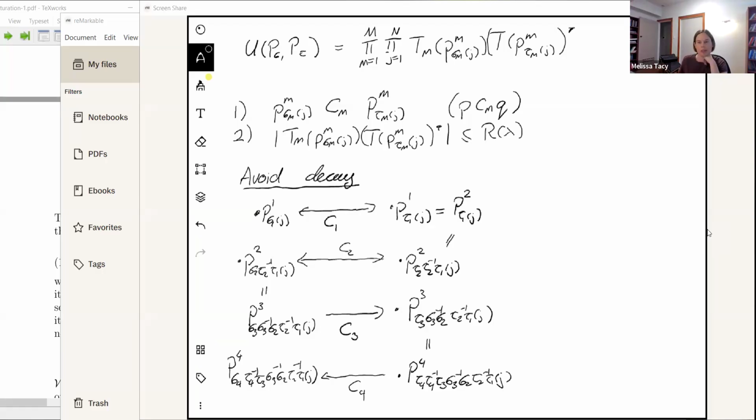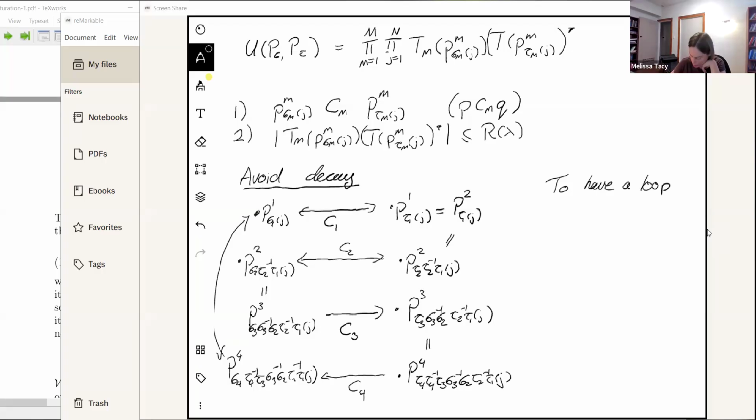Now, say m was equal to 4, so I've got 4 different operators in my simultaneous saturation system. If I want it to be a loop, these two things have to be equal to each other.